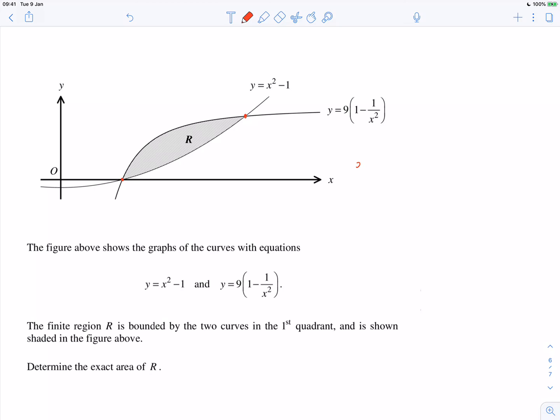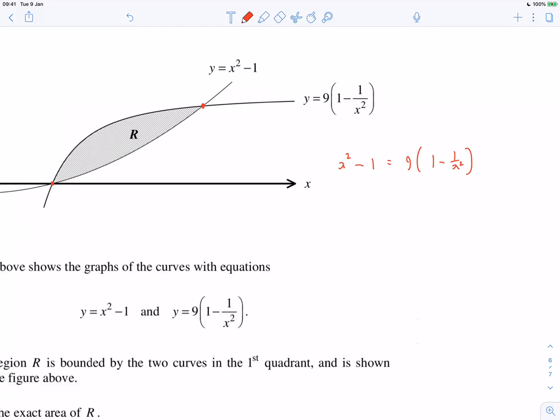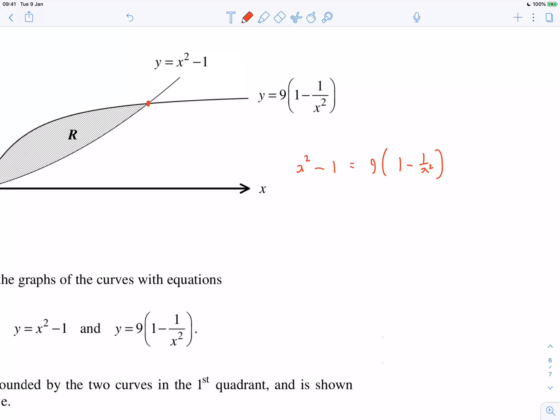So we need to set x squared minus 1, which is the first value, equal to 9 lots of 1 minus 1 over x squared. Right, so first thing, if I look at this, this is actually going to be x squared minus 1 over x squared, if I get it over a common denominator.